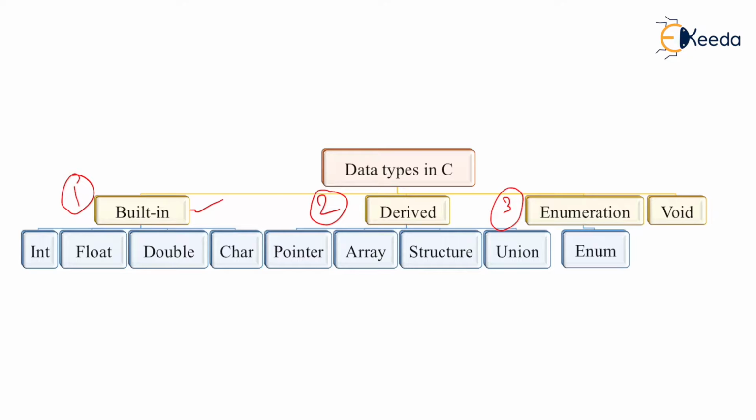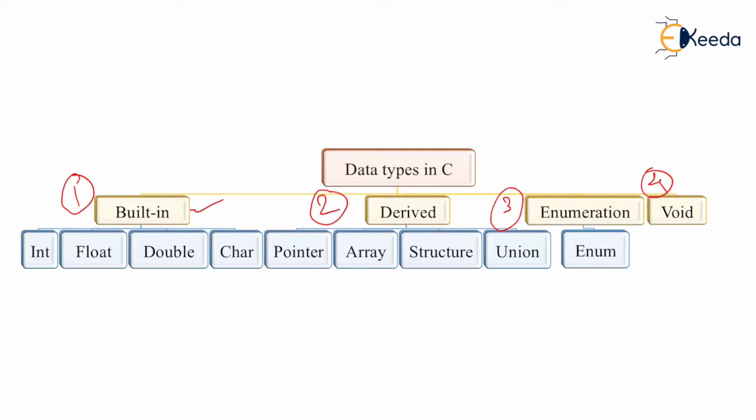This type of data type is used to perform some specific structure. And the last is void. This is not specifically a data type. It specifies that there is no return value for the particular function.